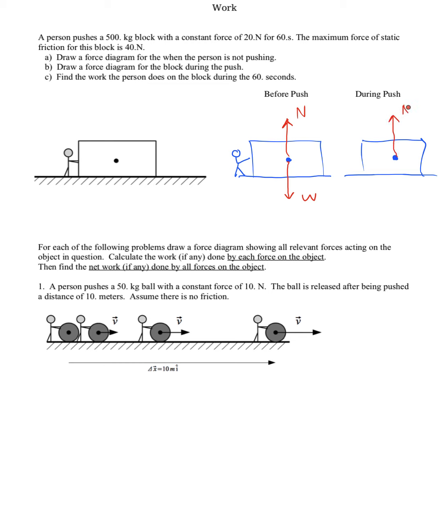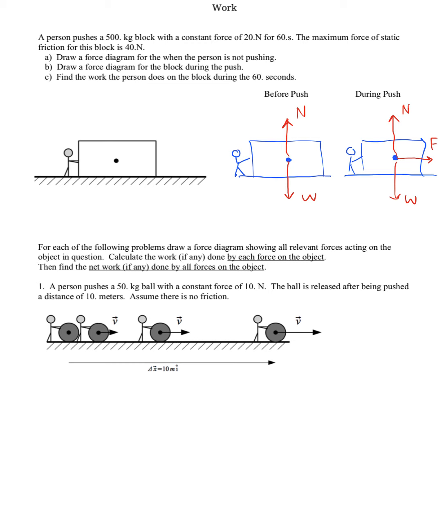Then the person's going to contact the block, and they'll give it a forward force here. We'll call it just F. That force is 20 newtons, so how much static friction will there be in this situation?